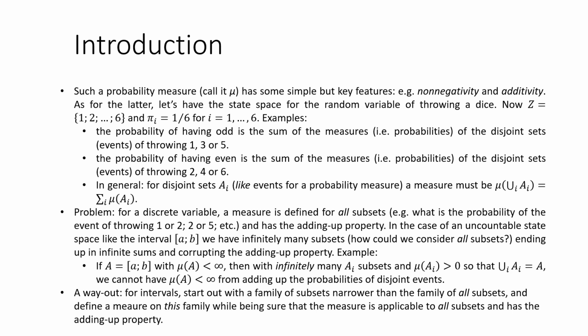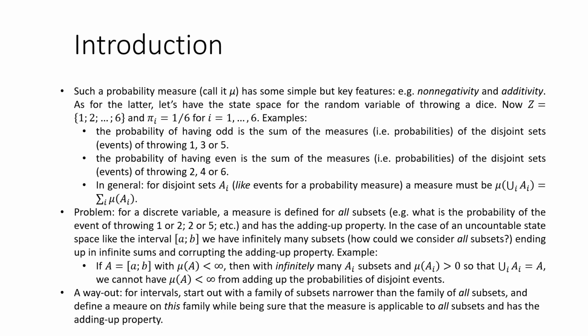We can divide the state space into infinitely many subsets, and all of them have non-negative, very, very small, but not zero probabilities. So in the end, when we wanted to add up the probabilities of these disjunct sets, we couldn't have a finite measure for the whole state space.